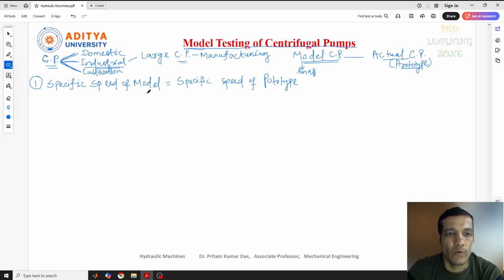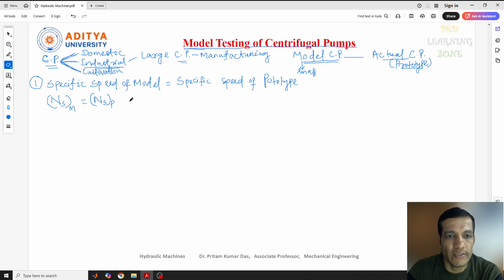We have discussed the specific speed of centrifugal pump in our last video lecture, if you have seen that. There we found the formula for specific speed, denoted by Ns, and for the model we can write Ns of model, which should be equal to Ns of prototype.